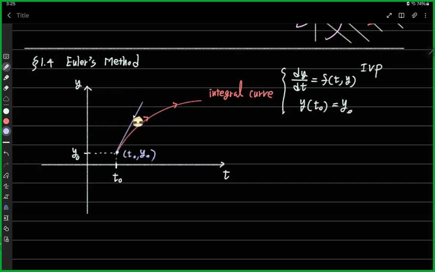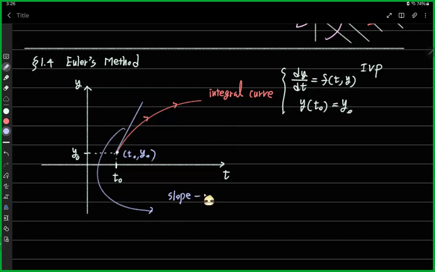So let's figure out the formula of the tangent line. Because this is a line, we know the equation of a line, point-slope or slope-intercept.